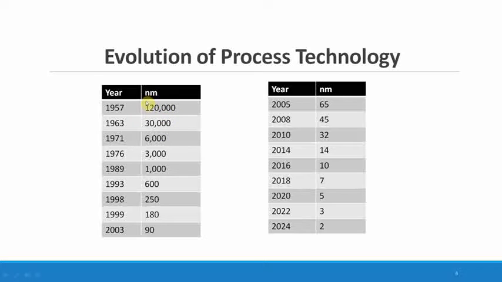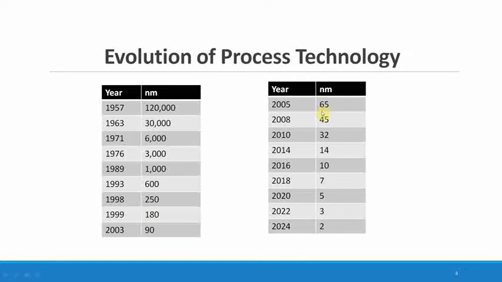The gate length of that transistor was 120 micrometers, and devices were built on this technology. But as time goes on, the technology becomes more and more advanced, and the gate length goes on decreasing. First it was 120 micrometers, then 30 micrometers, 6 micrometers, 3 micrometers, 1 micrometer, and it goes on decreasing.